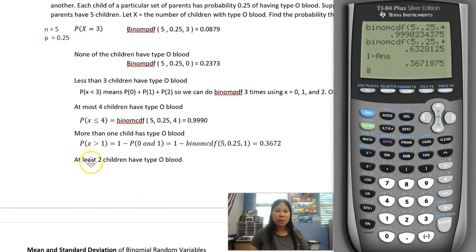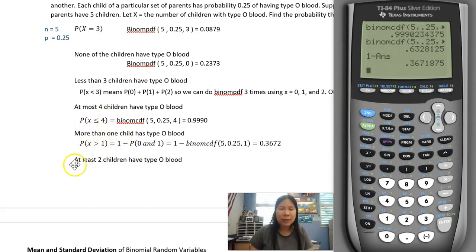Okay, one more of these types of examples. This time I want the probability that at least 2 children have type O blood. So let's think about the words at least 2. This is 2 or more, so I want 2, 3, 4, 5 again. Should give us the same answer here. So pay attention.